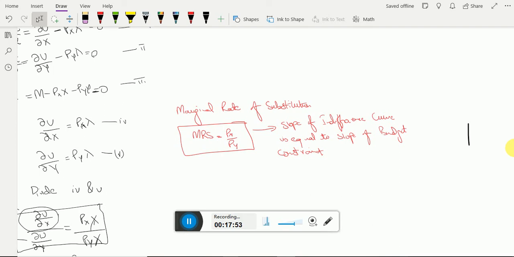In the next class, inshallah, we will discuss how we put some functional form and then put some numerical example in which we have some different equations.